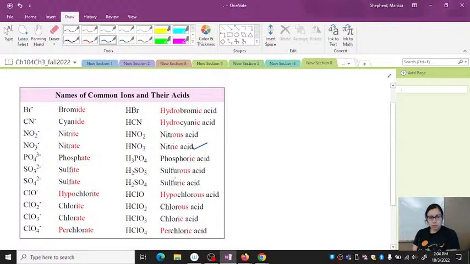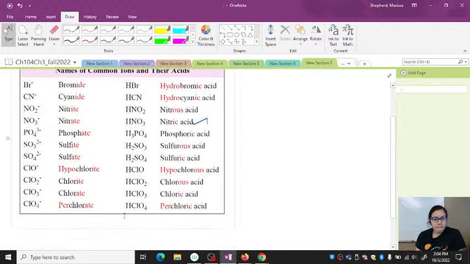We don't use sulfuric acid a lot, but notice, again, it's the lower oxidation state, SO3 2-, while SO4 2- sulfate is sulfuric acid. Excuse me. You also have hypochlorous, chlorous, and perchloric acid.